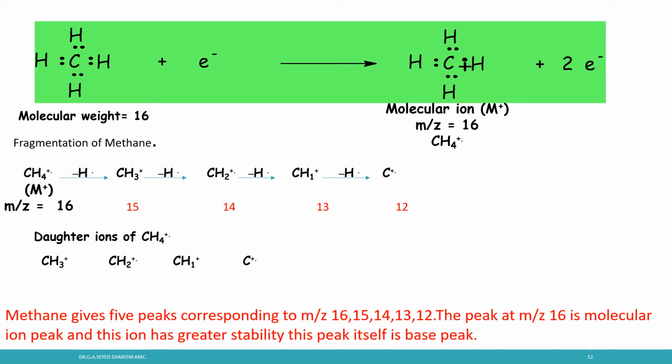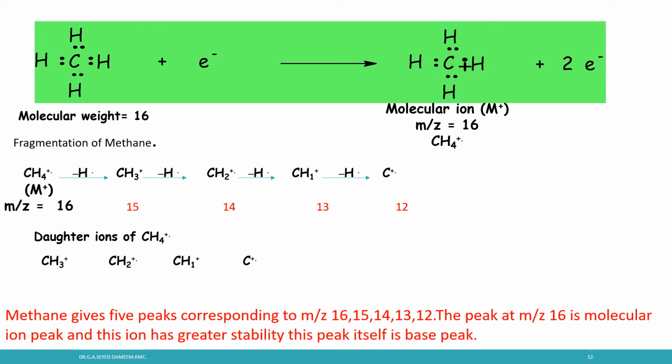Afterwards, on elimination of a hydrogen radical, it becomes CH plus with m by z 13. Afterwards, on elimination of H dot, it becomes C plus dot with m by z 12. That is, the daughter ions of CH4 plus dot are CH3 plus, CH2 plus dot, CH plus, and C plus dot.